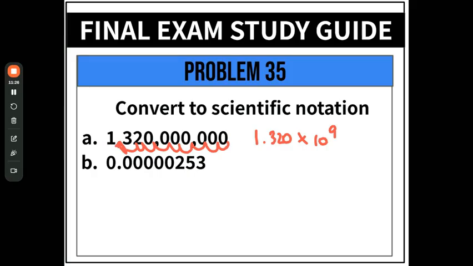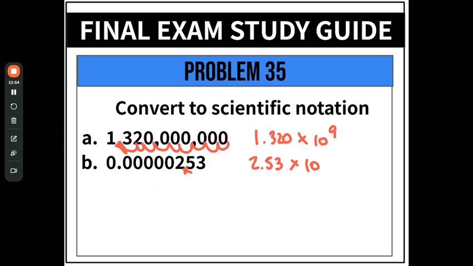All right? So let's try it with this one. Same question. I'm going to ask myself, where would the decimal need to be if my number was going to be between 1 and 10? Well, the decimal would need to be right here. Okay? So that would make my first number 2.53 times 10 to the, how many times do I need to move the decimal to get it to where it actually is?